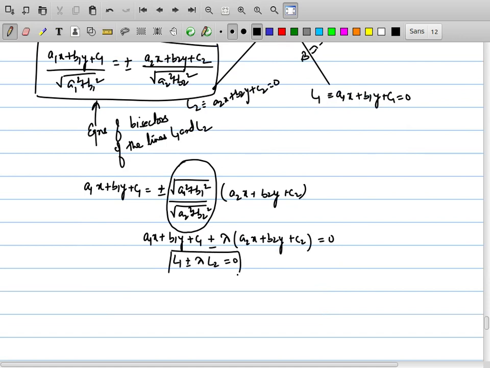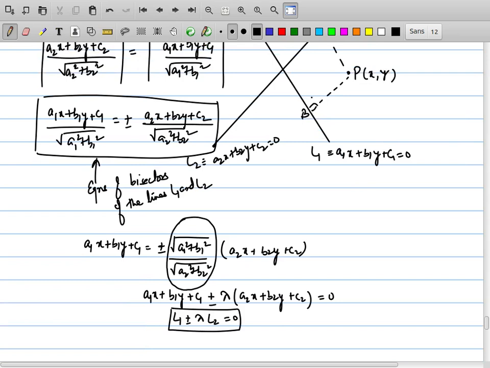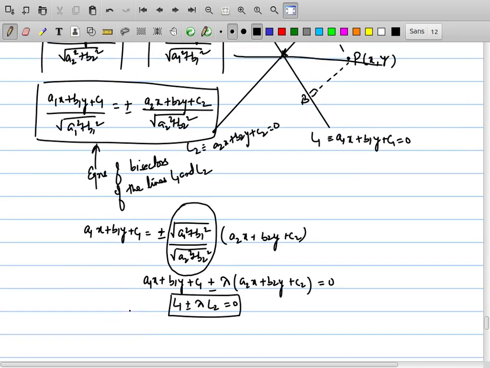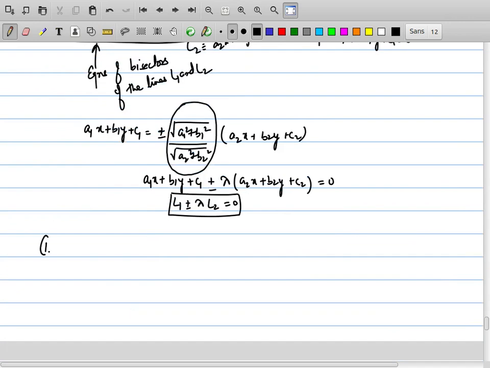This represents the equation of a line passing through the intersection of two lines, and this is exactly the case happening here. The equation of the angular bisector is passing through the point of intersection of L1 and L2. So we can say, first point, the angular bisectors will be a pair of lines.